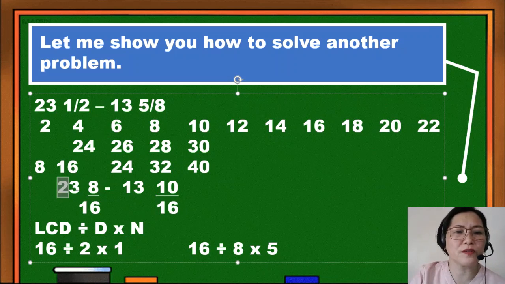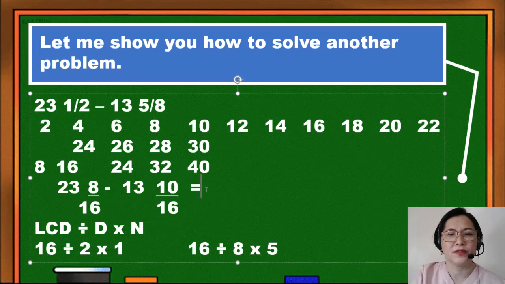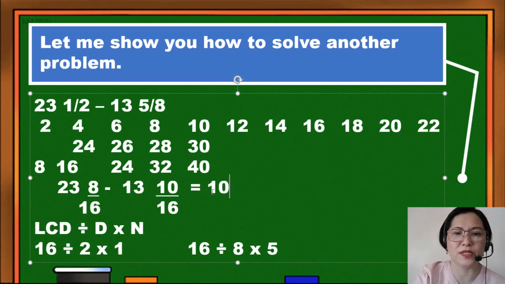So first, subtract the whole numbers. 23 minus 13 is 10. So the whole number is 10.